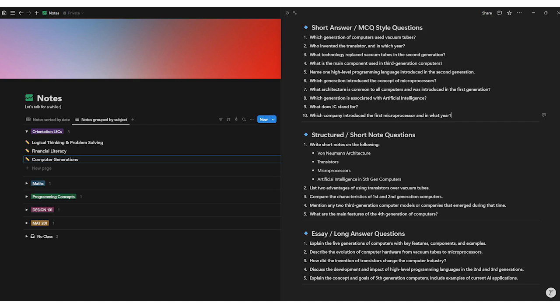And the year is, I need to look at it. The invention of the transistor is in 1947.